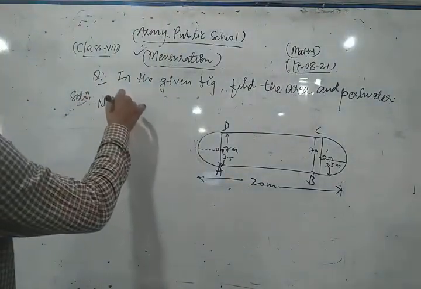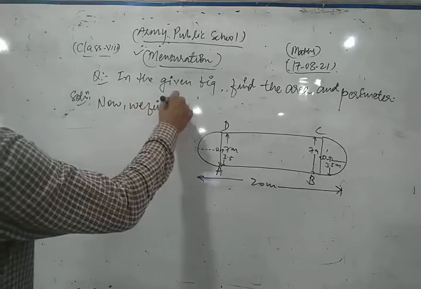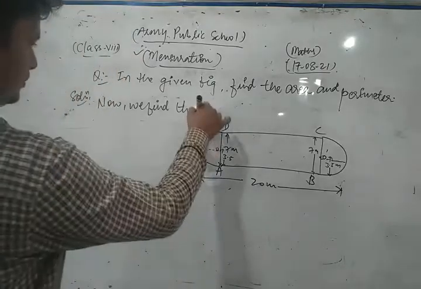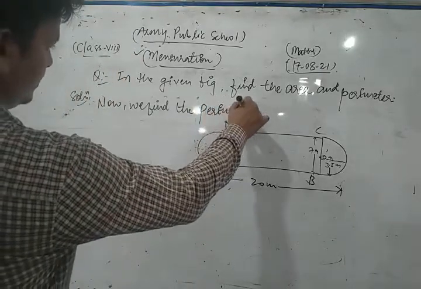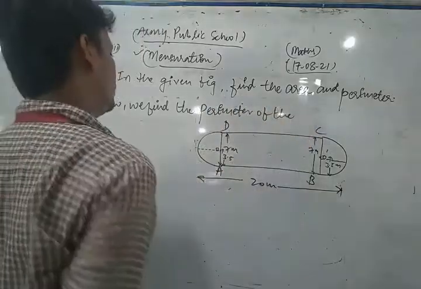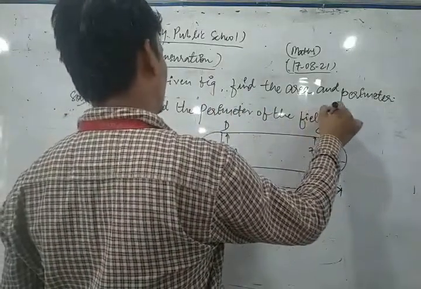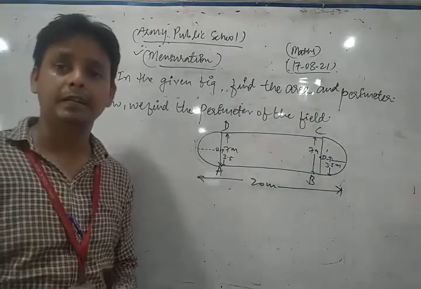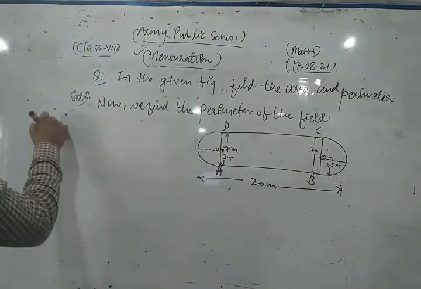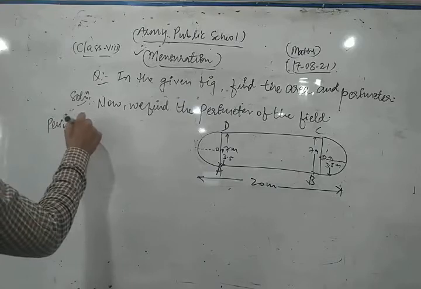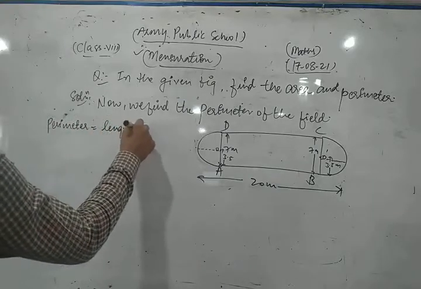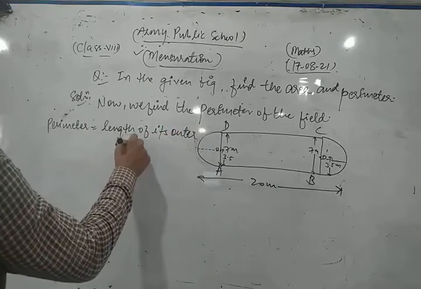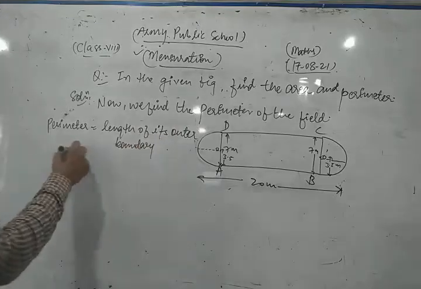Now find the perimeter of the field. Now we find the perimeter of the field. Okay, for finding the perimeter, let's see. Perimeter is equal to the length of its outer boundary. Okay, length of its outer boundary.